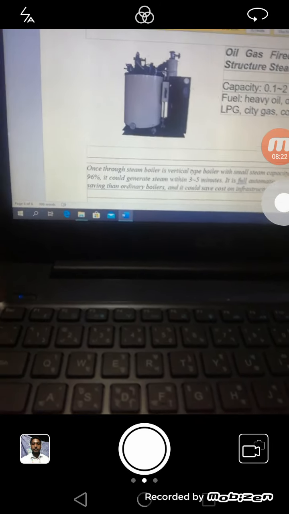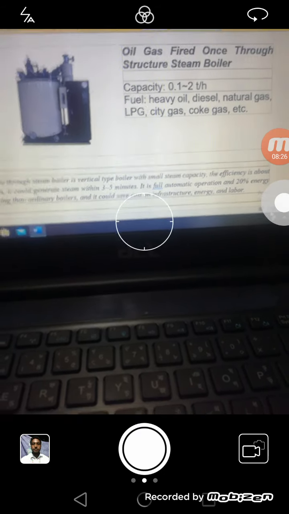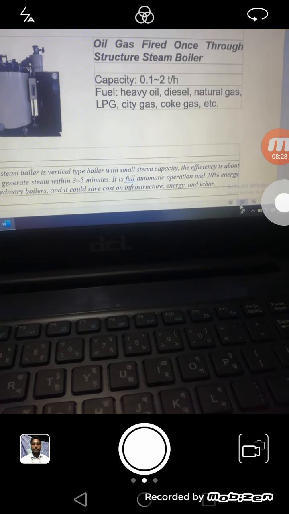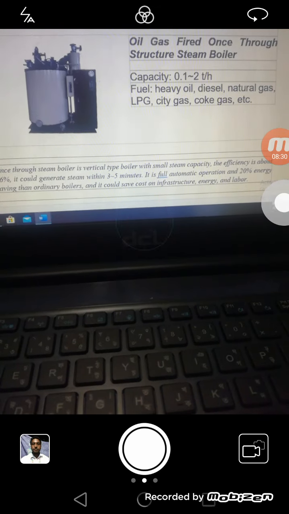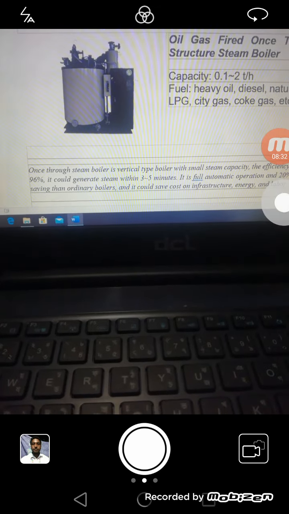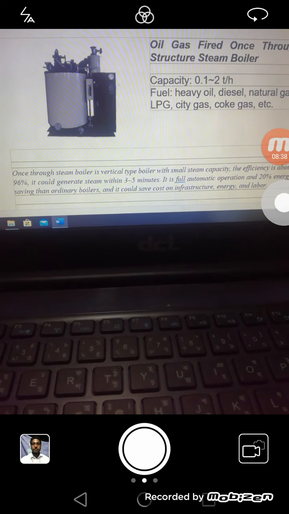The efficiency is about 96%. It could generate steam within 3 to 5 minutes. It is fully automatic in operation and 20% more energy saving than an ordinary boiler, and it could save cost on infrastructure, energy and labor.